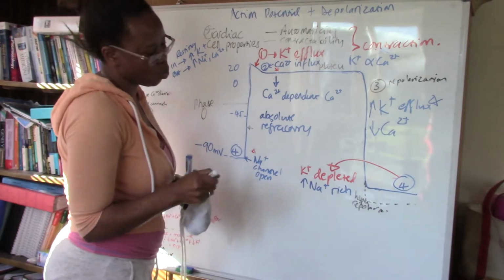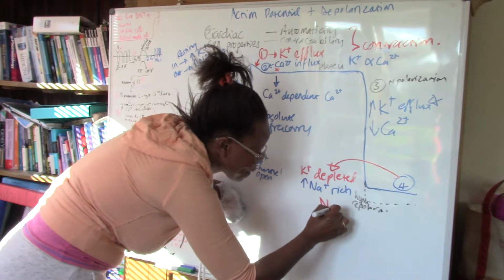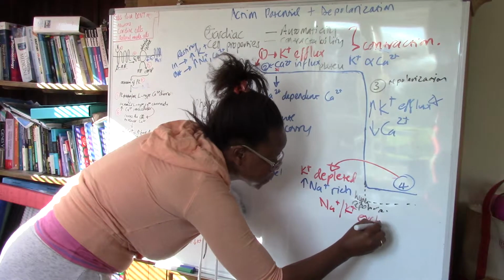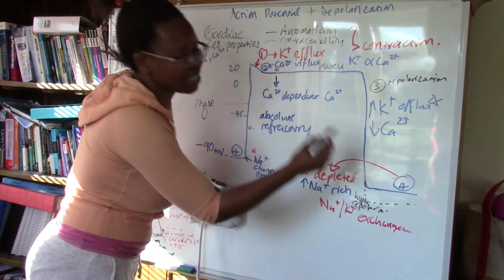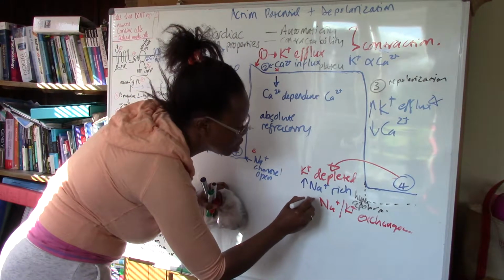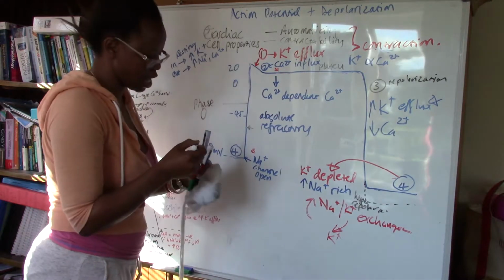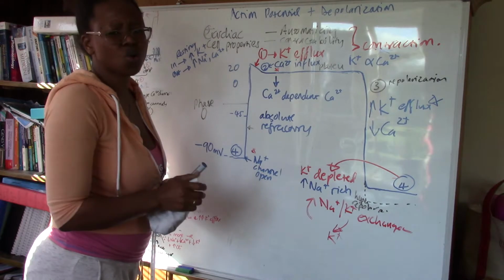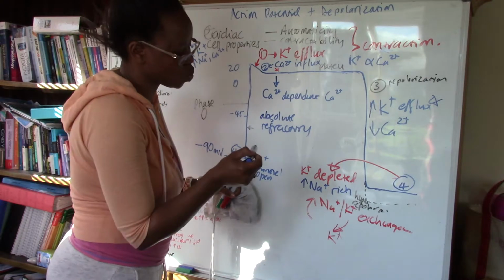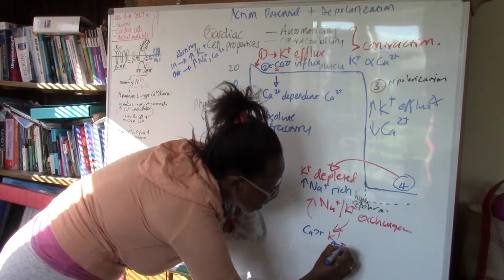So the cell will then normally use the sodium potassium exchanger, which is inserted onto the cell membrane, and all it does is pump out sodium and pump in potassium from the outside. It also will use a calcium antiporter as well, but a calcium antiporter is usually ATP dependent.